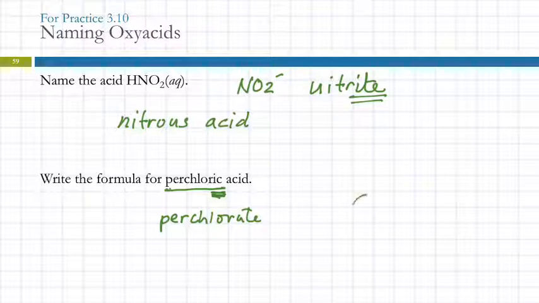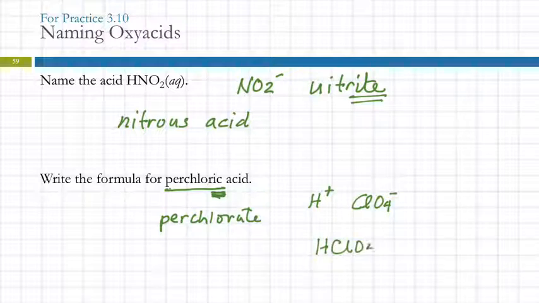So perchlorate ion is ClO4 with a -1. Hydrogen hangs out in group 1, has a +1 charge most of the time. So when I put the number of hydrogens on here, all I have to do is look at the charge on the anion. If it's -1, I need 1 hydrogen. If it's -3, I need 3 hydrogens. So HClO4, and then technically correct, put aqueous there.